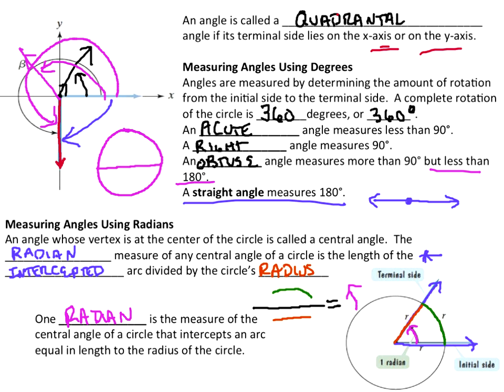If you think about that definition, when this green piece is equal to this orange piece, you get 1 radian. That should make sense because anything divided by itself is 1. 3 divided by 3 is 1, except for 0, because you can't divide by 0. Star divided by star is 1. I'm being silly, but it's to illustrate that point. So when the arc length and the radius are equal, we get 1 radian.